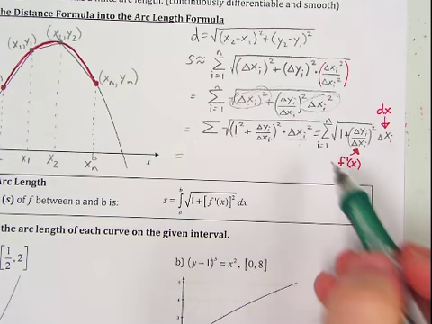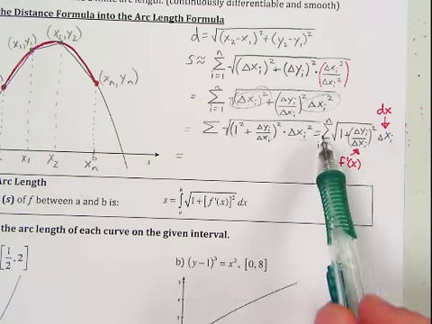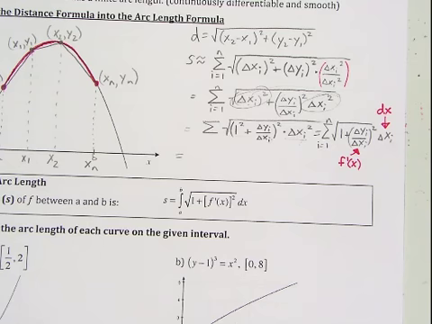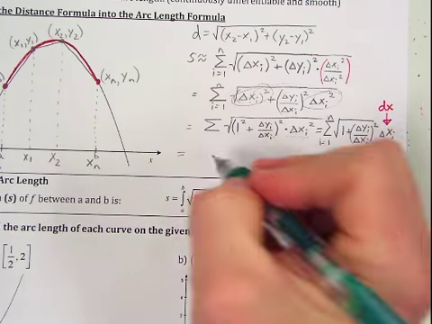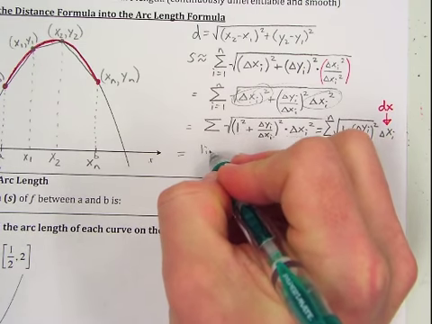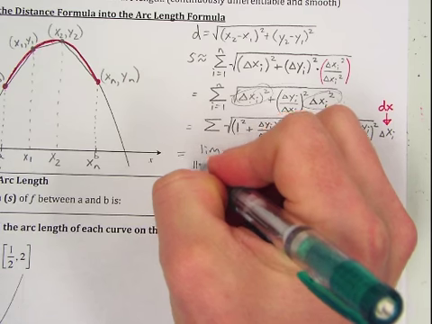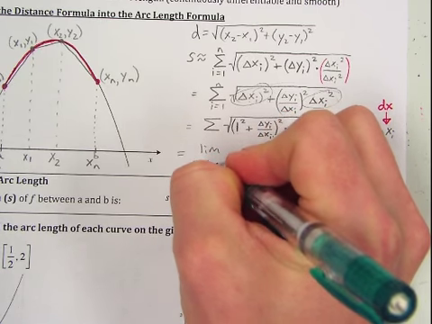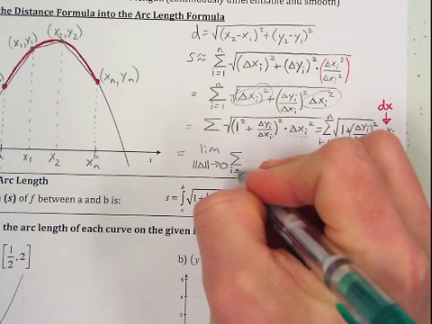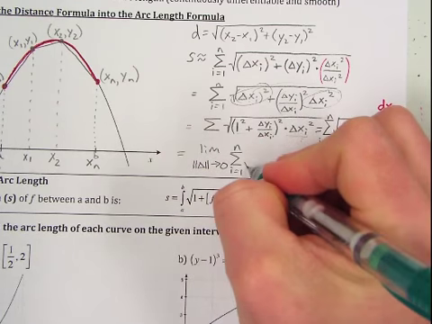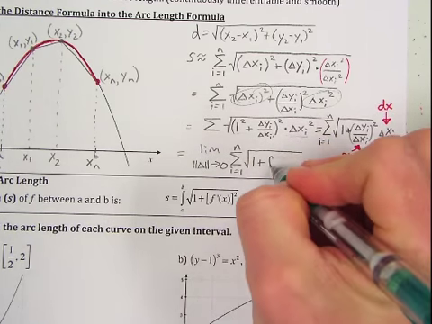Now how do we find a good approximation of the curve if this is our summation? The step before the integral. Set the delta to 0. So we want the limit as our deltas go to 0 of the summation i equals 1 to n of the square root of 1 plus, now we're going to change this to f prime.